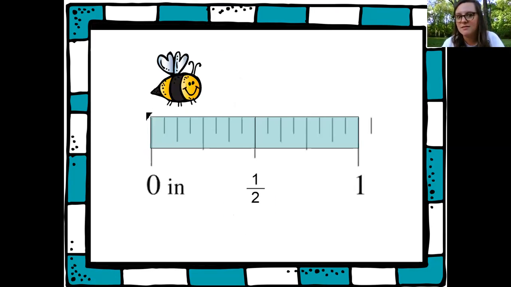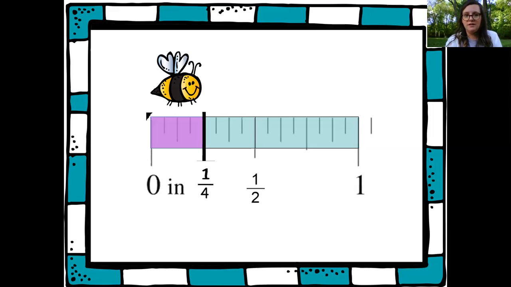Let's measure something else. If I look at this bumblebee, the bumblebee doesn't even make it to 1/2. What could we call that? I look and he makes it right to about that line, and I wonder, what is that?